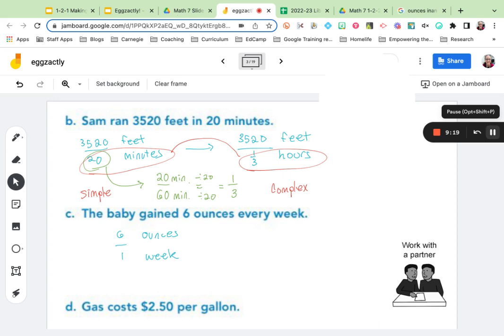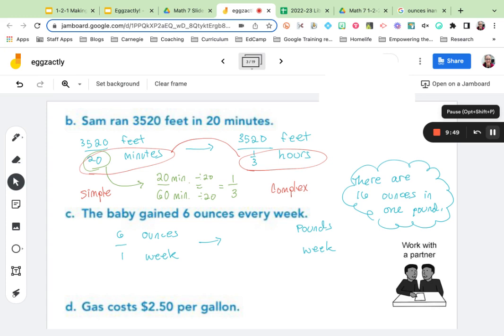One way to write a complex ratio would be to use pounds instead. So what if instead of ounces, I wanted to see how many pounds the baby is gaining every week? In order to rewrite this as pounds to weeks, we need to know how many ounces there are in a pound. There are 16 ounces in 1 pound. So what fraction of a pound is the baby gaining every week?